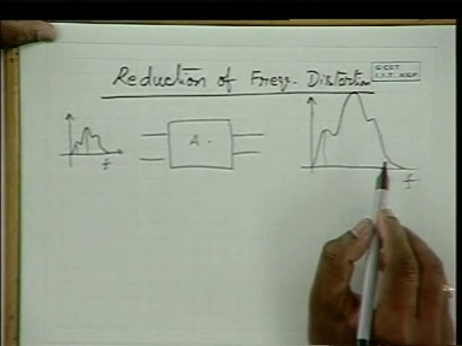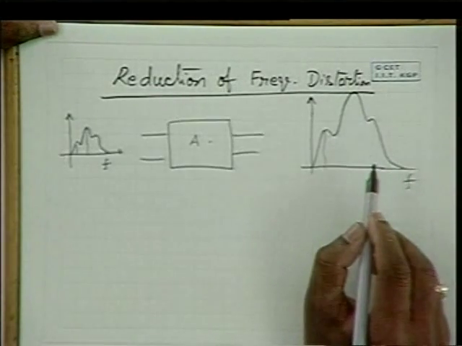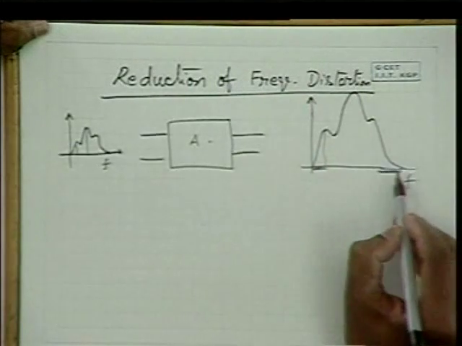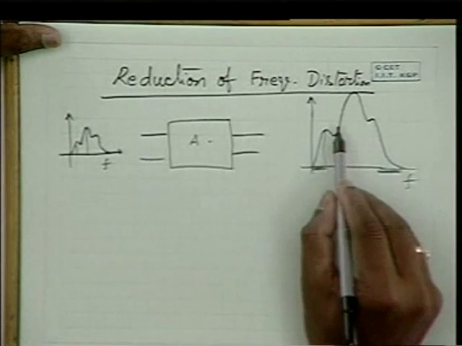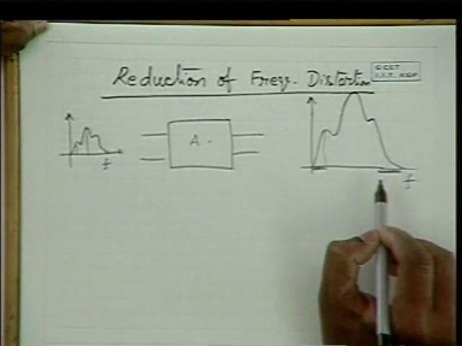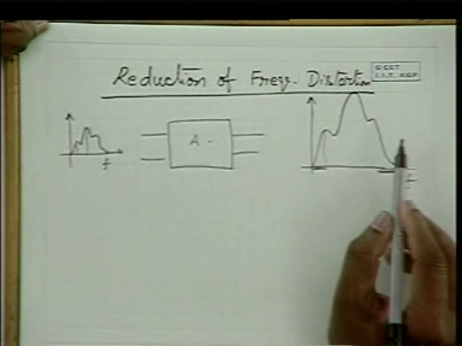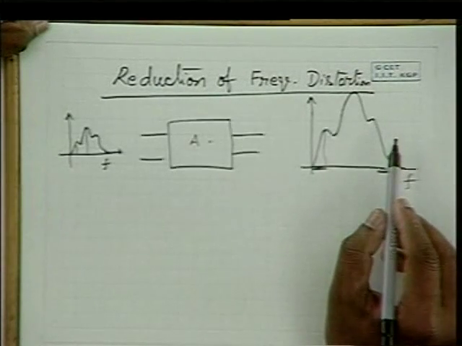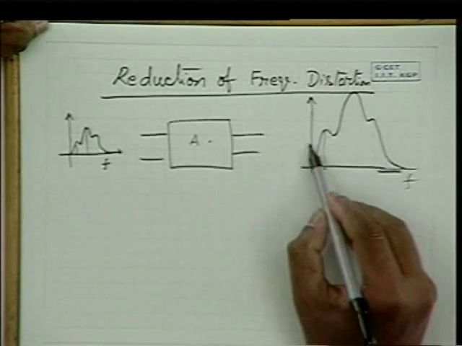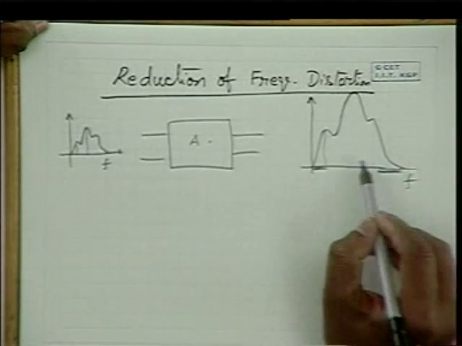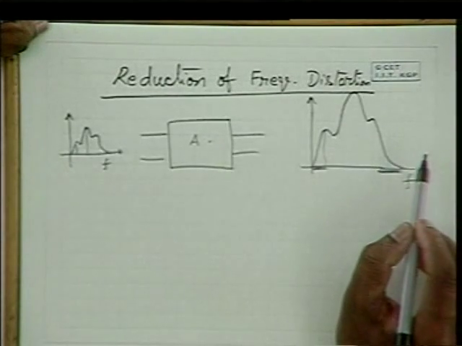In certain amplifiers, like your public addressing system, the low frequencies and the high frequencies are attenuated more than the mid-band frequencies by amplifiers. So that's why we use equalizers, where we try to boost the bass frequencies and the treble frequencies both.